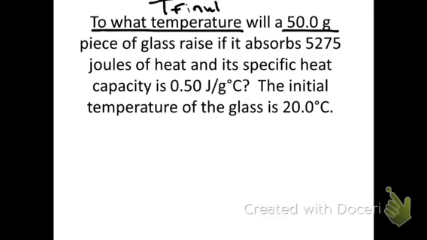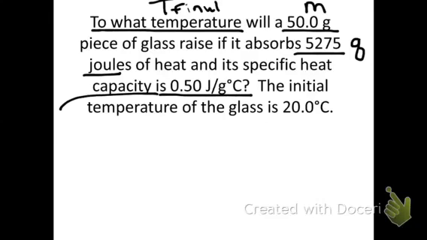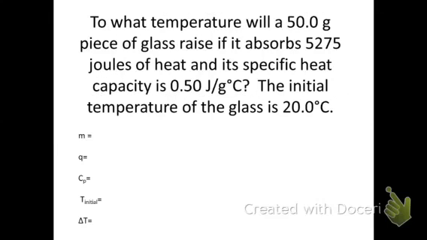Will a 50 gram, that's our mass, piece of glass raise to if it absorbs that amount of heat, so that's our Q, and its specific heat capacity, so that is our specific heat, when the initial temperature of the glass, so that's our initial temperature, is 20 degrees Celsius. They've given us a lot of variables, and this is actually a two-step problem. So let's take a look at how we would solve it.